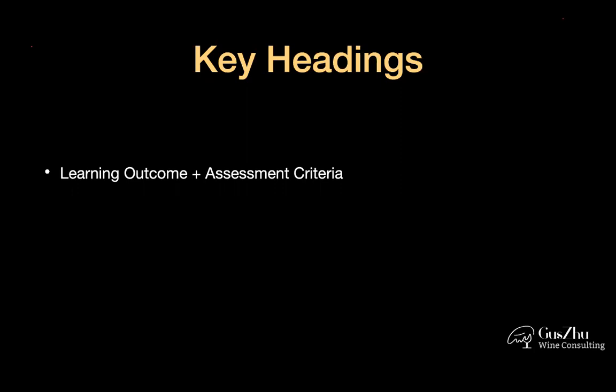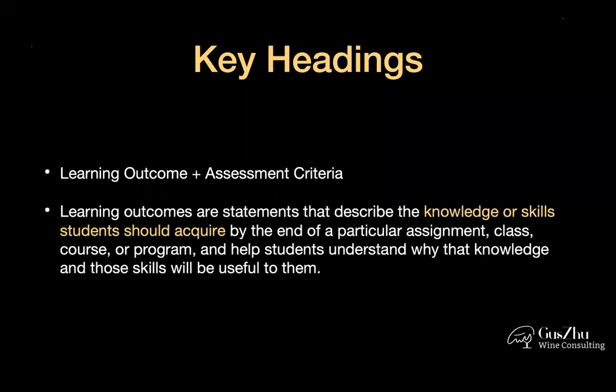Okay, shall I repeat again? The learning outcome and assessment criteria. And that is our focus today. Why are they important? Because I always ask students in my in-person class, I say, okay, I'm Chinese, I'm not an English speaker. You guys are English speakers. Most of you are native English speakers.